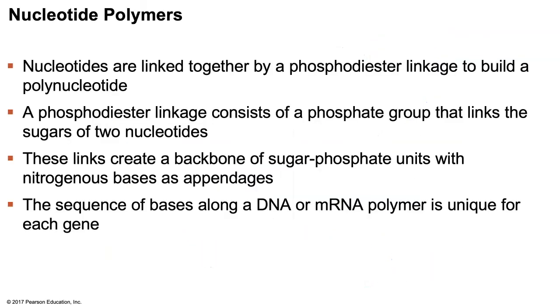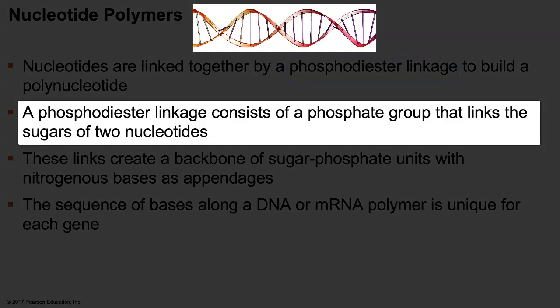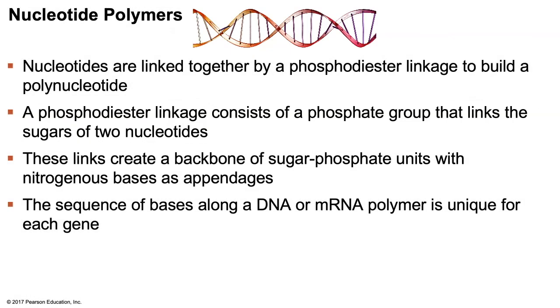If we want to start building longer polymers of polynucleotides, like say we wanted to start building a DNA strand, nucleotide monomers are linked together by a new type of bond, a special bond called a phosphodiester linkage. A phosphodiester linkage consists of a phosphate group that links the sugars of two nucleotides.